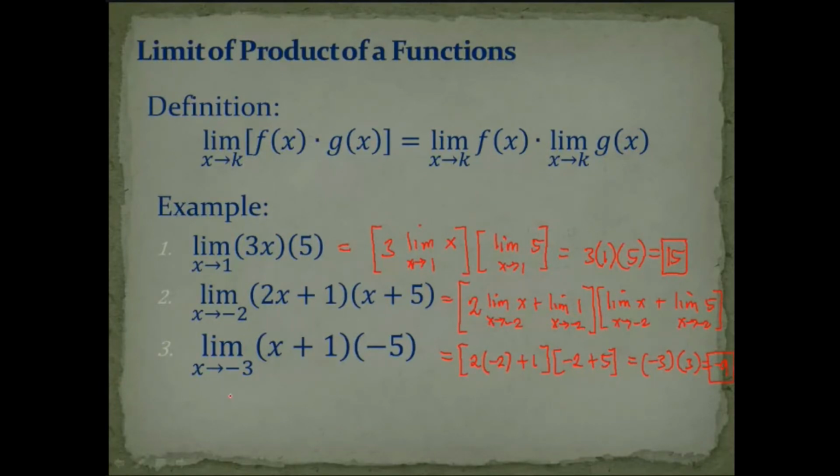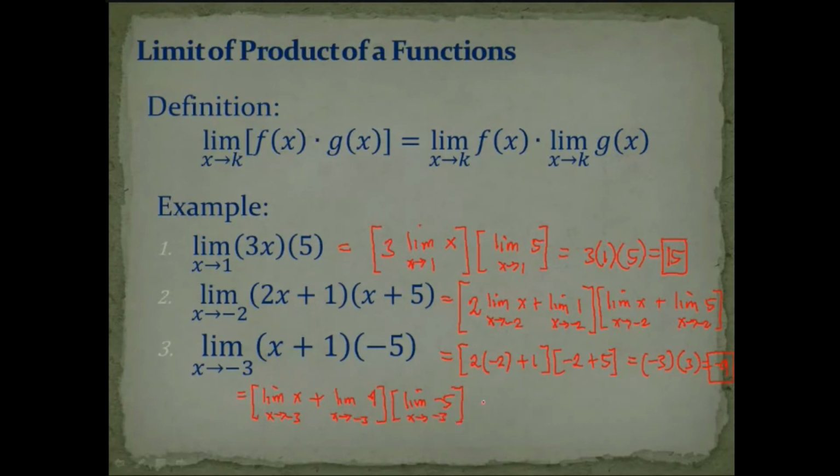Okay. Siyempre, using the definition, ito yung magiging limit of x as x approaches negative 3 plus limit of 1 as x approaches negative 3, times limit of negative 5 as x approaches negative 3.